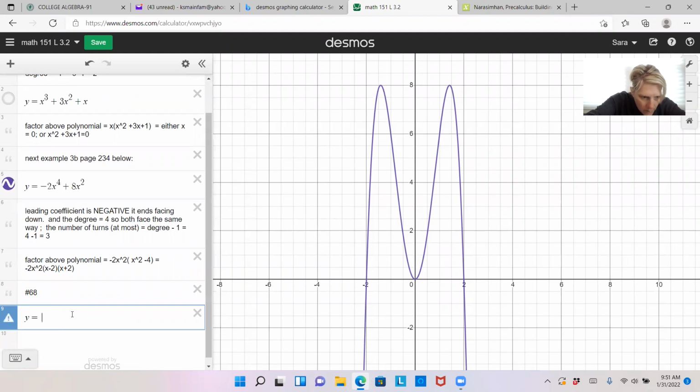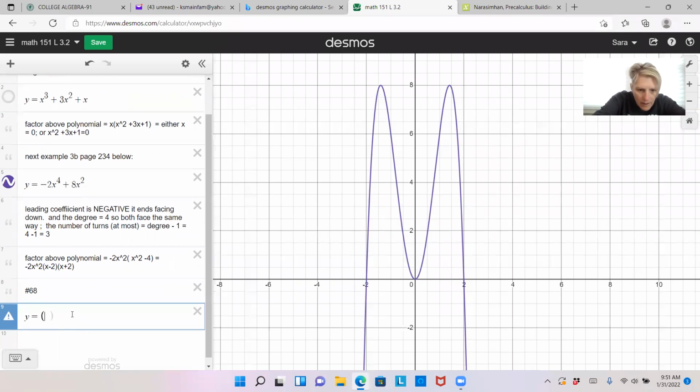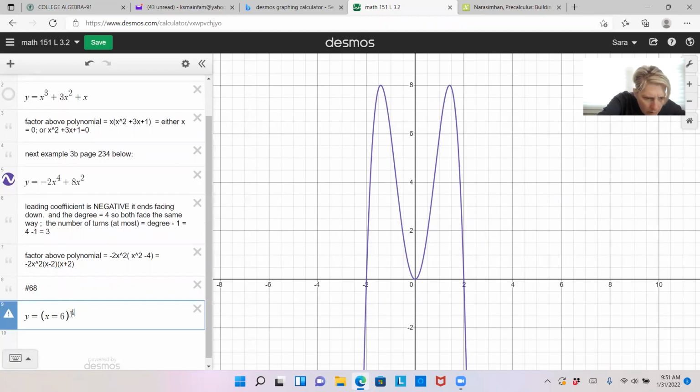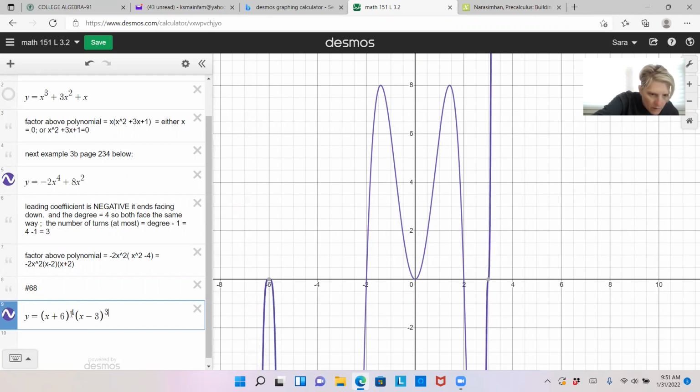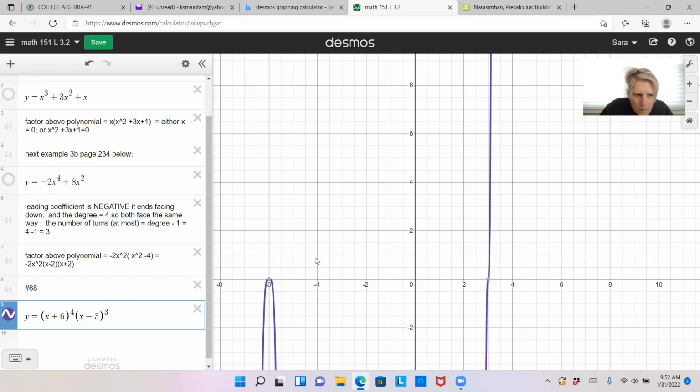So it's going to be y equals x plus 6 to the 4th and then x minus 3 to the 3rd. Oh, I gotta turn off this other graph here. There we go. Okay.